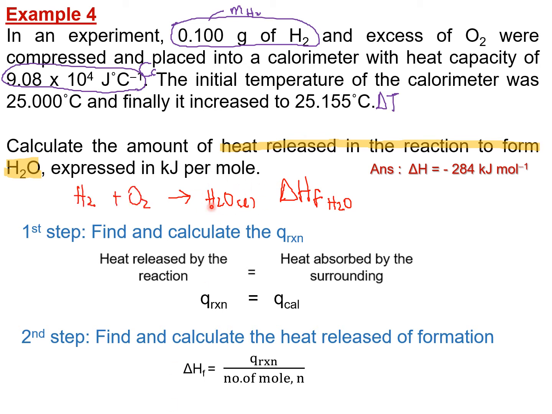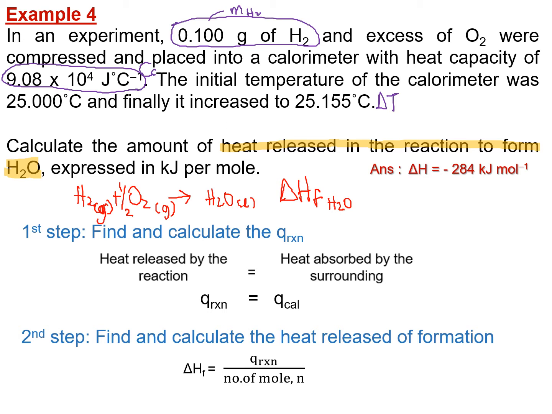Since yang ni kena 1 mole, don't forget the phase here. This one ialah gas. Ni pun gas sebab hydrogen elemen dia ialah gas, oxygen elemen dia pun gas. This one kena 1 mole. Wajib 1 mole, so you jangan sentuh ni. To balance the chemical equation, it's going to be 1/2 O2.